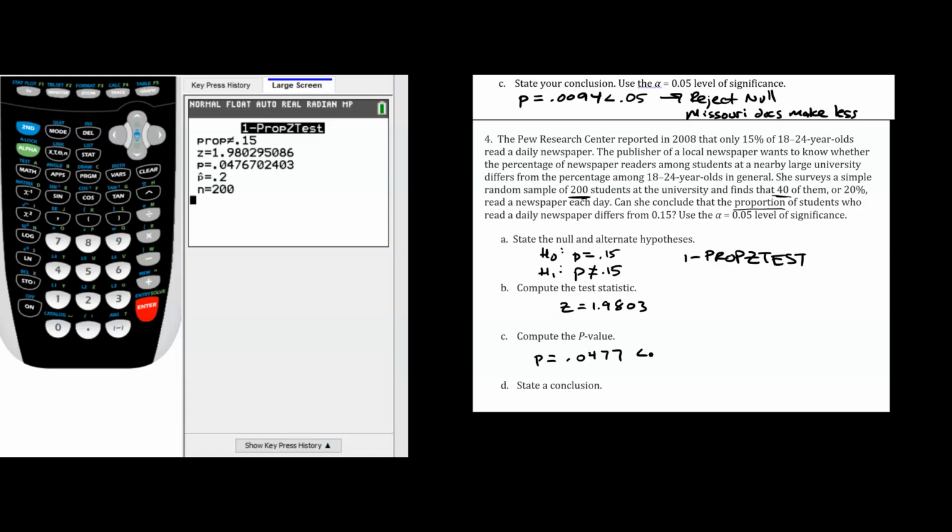And so since that is less than the significance level, we will reject the null hypothesis. Remember, the p-value needs to be small. It needs to be lower than that significance threshold to reject the null. So this is another case where you would reject the null. And if you're rejecting the null, then that means you're accepting that the proportion, the percentage of students who read a daily newspaper, does differ from 0.15.